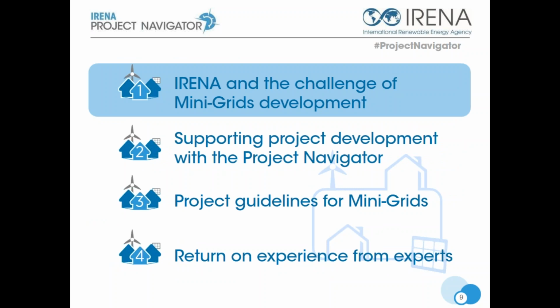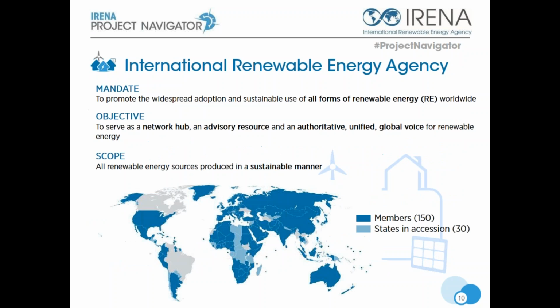Before we start the presentation on mini-grids, we would like to give you a brief overview of IRENA, and this will serve as an introduction for the challenge of mini-grids. IRENA is an international organization created to promote the widespread adoption of sustainable use of all forms of renewable energy worldwide.